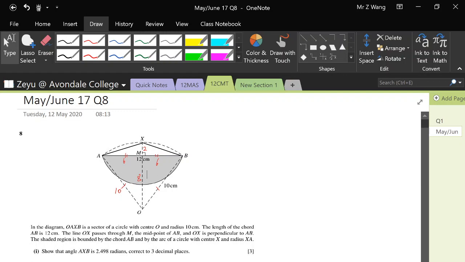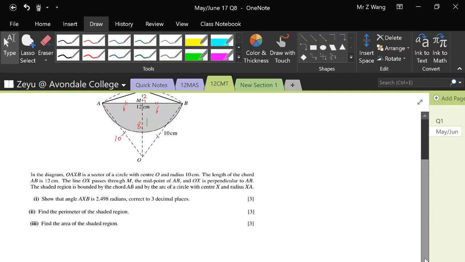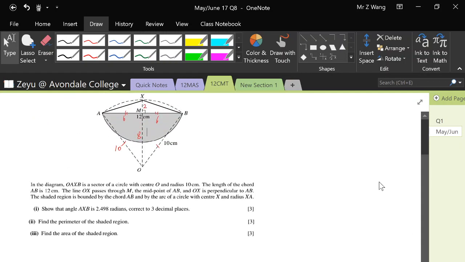Let's do it. Show that angle AXB is, so this is how you show your working. This is only a 3-mark question, so I would write like this. I would first write AM equals BM equals 12 over 2 equals 6.